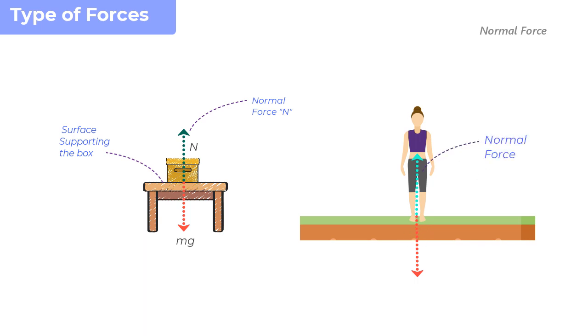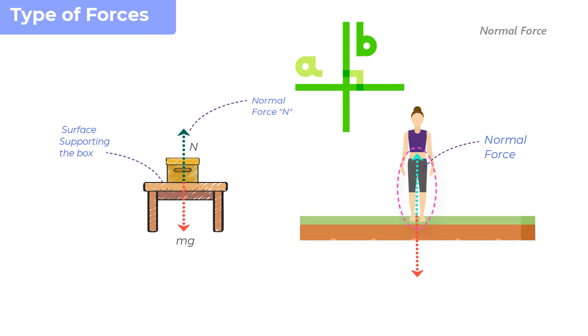And why do we call it a normal force? Well, definitely not because the other forces are abnormal. It is because it comes from the mathematical term normal, meaning perpendicular, and you can see that here the force due to the floor on you is perpendicular to the floor.